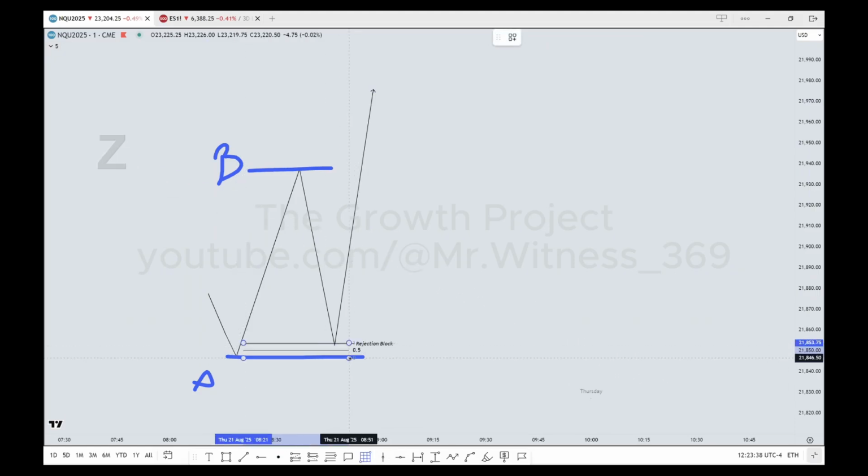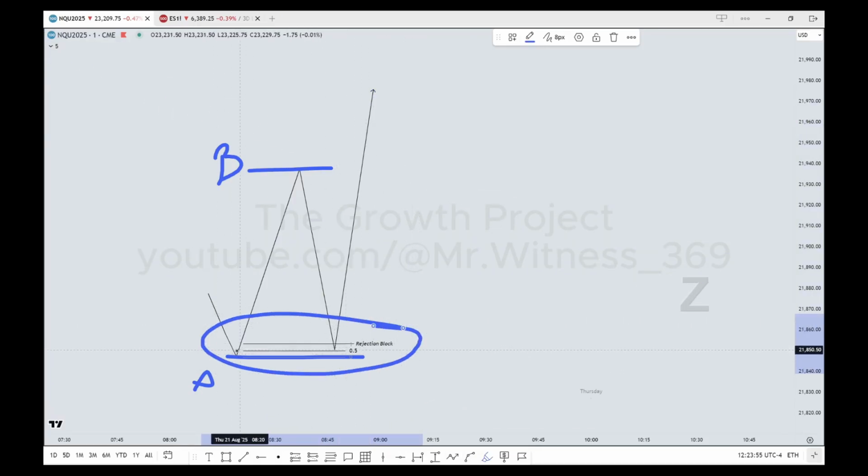This is the wick of the swing low. So this is the only difference, JJ. The market will retrace deeper, deeper, deeper, and keep pushing in that direction. But when it takes place in the rejection block or the consequent encroachment of the wick, that is when you expect this delivery like that.